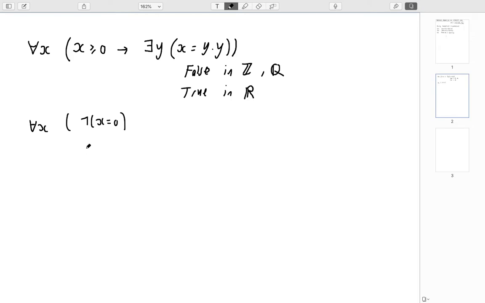But normally we would say instead, let me just put it down here, we would just write it by the natural shorthand, x not equal to 0. Anyway, we'll resume the formula up here. So for all x, if x is not equal to 0, then there exists a y such that x times y equals 1.